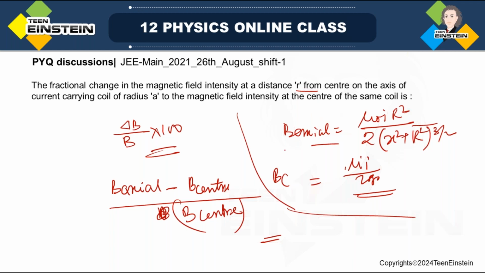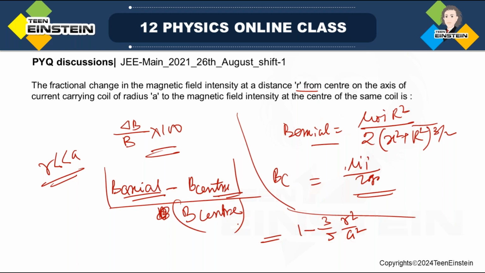So if we put this in, for r less than or equal to the radius a, and you apply the approximation r much less than a, we will get nearly 1 minus 3 by 2, r square by a square.